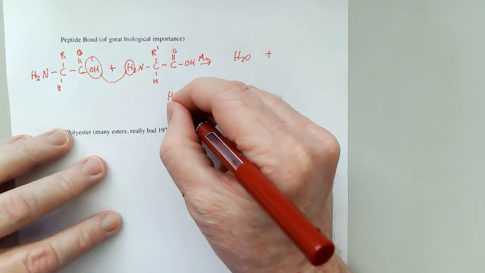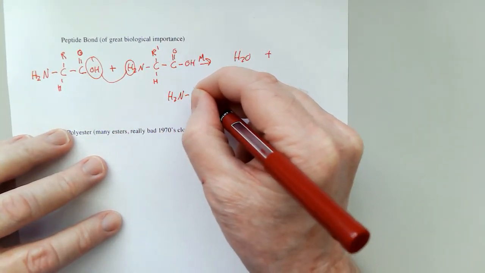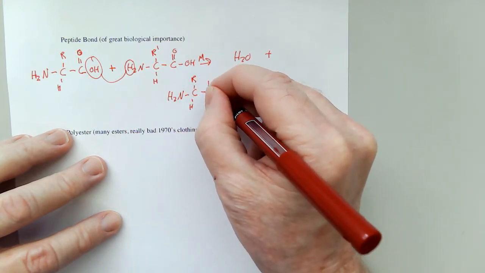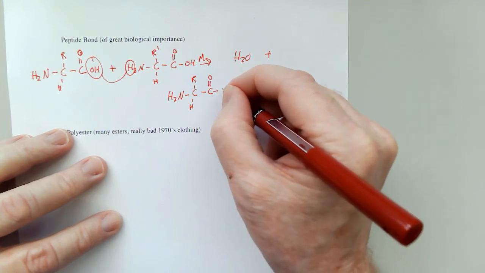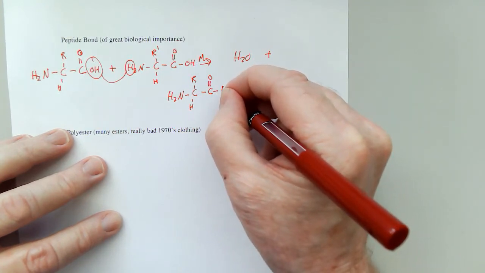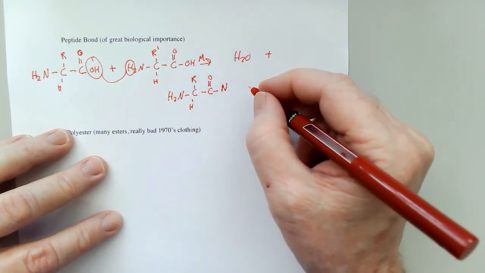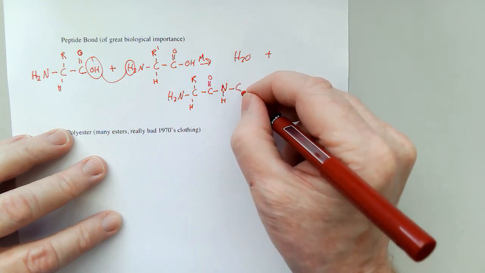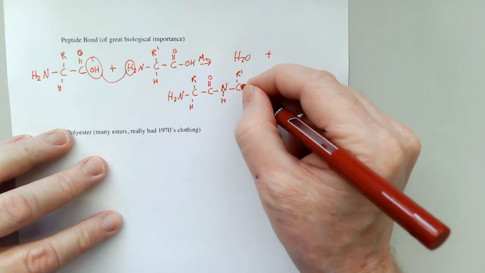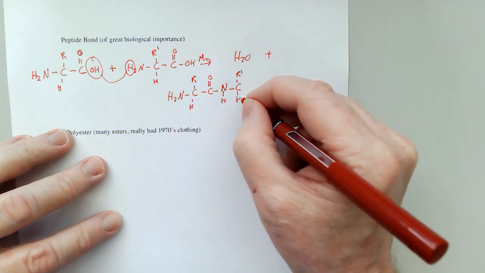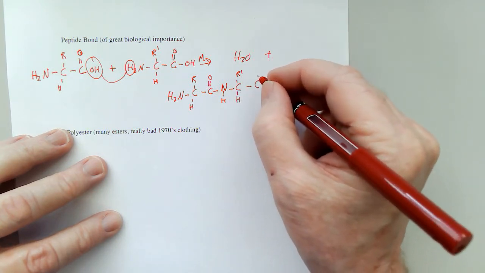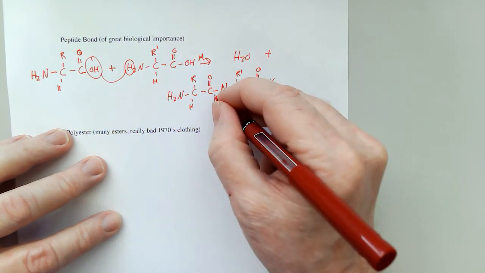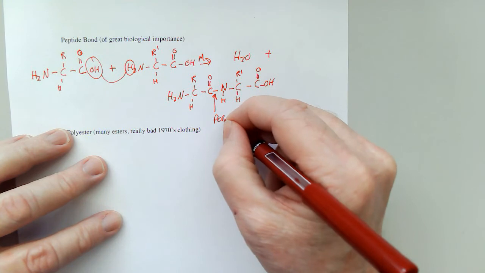And we get H2NCRH, C, double bond O, and then that's going to go straight to a nitrogen, which has a hydrogen, which goes to the carbon with R prime, down here in H, C, double bond O, OH, and that right there is what we call the peptide bond.